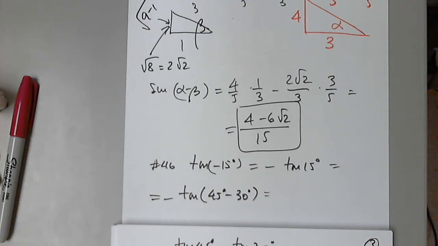Now the tangent of 30 degrees. This is the very first angle, the smallest angle. Sine is 1/2, cosine is the square root of 3 over 2. And when you put them like this, it's not going to be a simplified form.